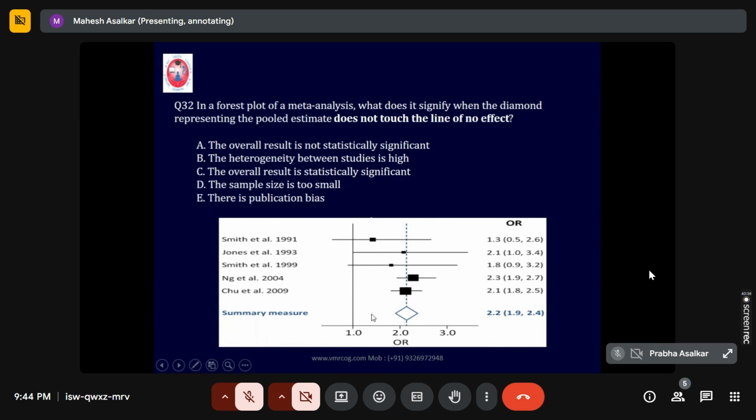An individual study may not be significant, but what the pooled data of all these studies says about the hypothesis, whether it is going to be significant or not, will be decided by the diamond, and by whether it is crossing this line and how far from it. So here it will be option C, the overall result is statistically significant, because it is not touching the line.